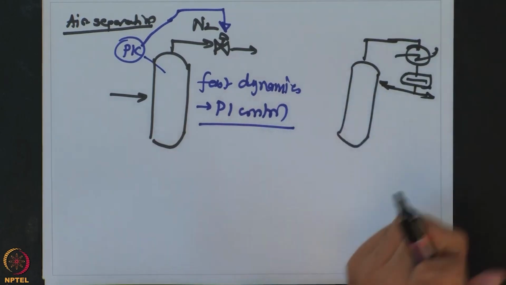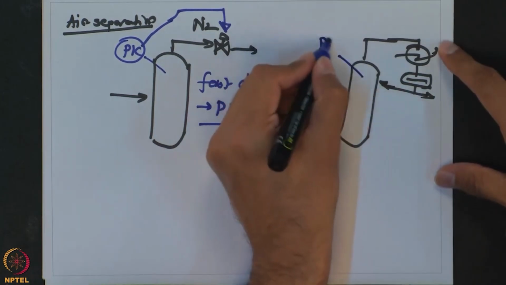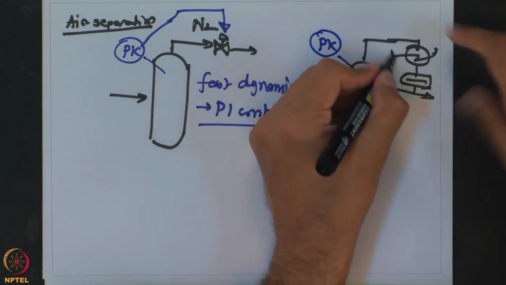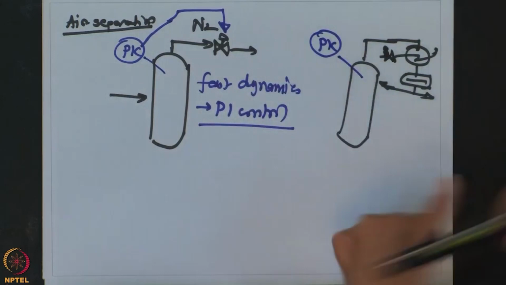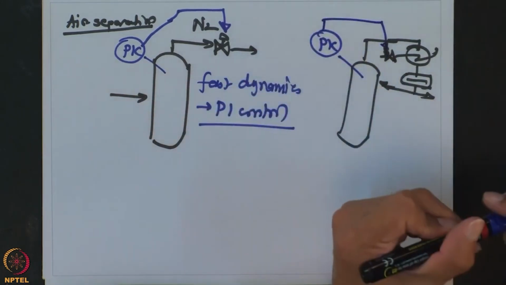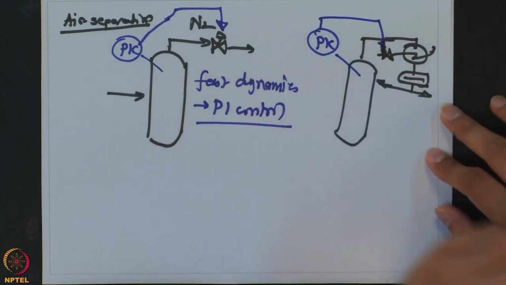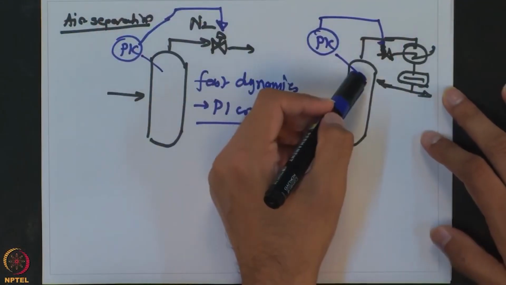In this case, the handle which you have to control the pressure is the coolant condenser duty. If the pressure inside the column is high, that means enough vapors are not condensing. So, you have to increase the condenser duty, so that more vapor will condense and the vapor inventory will go down and the pressure will also go down.